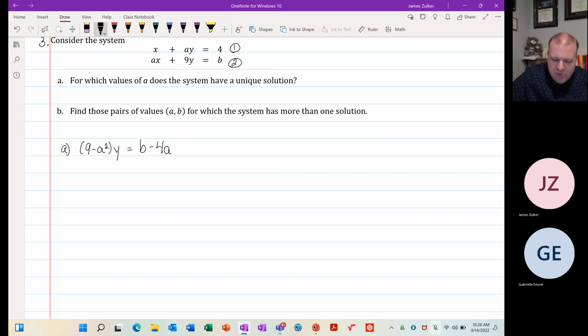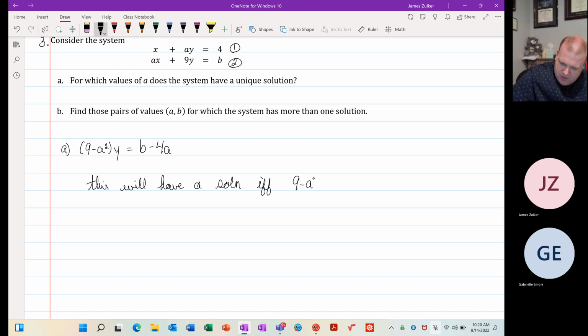So this is going to have a solution if and only if nine minus a squared is non-zero.